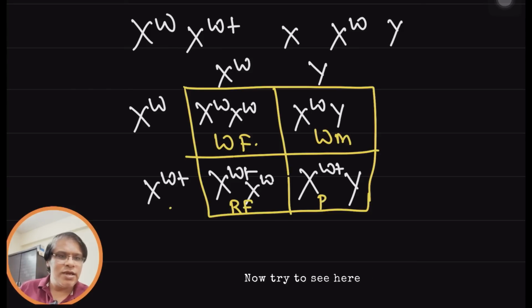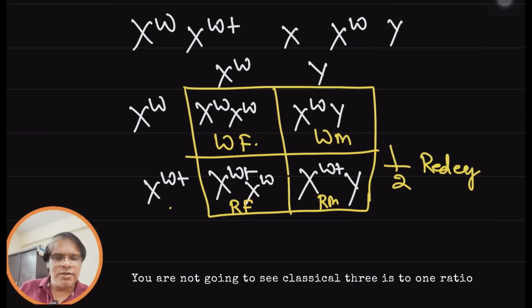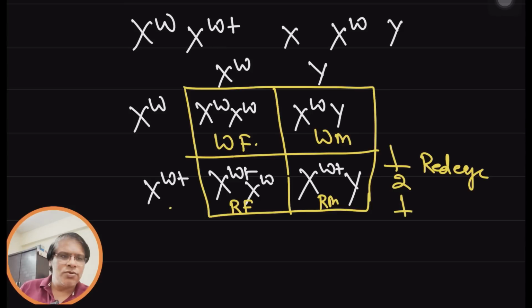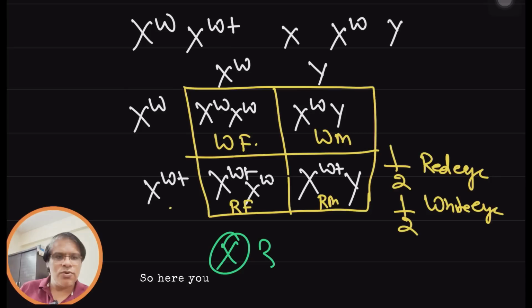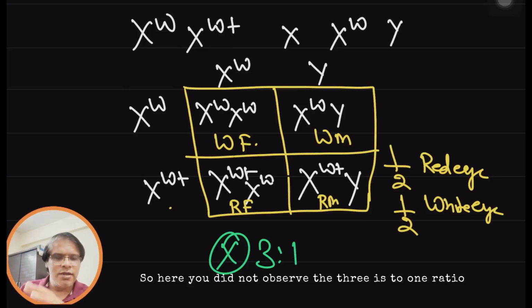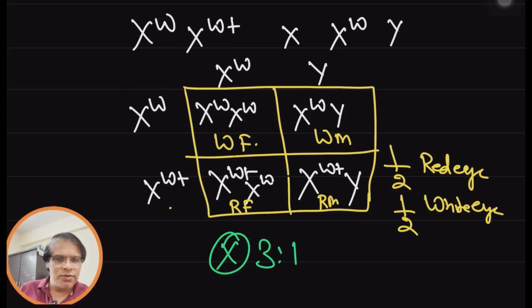Now you observe half white-eyed, half red-eyed, a 1:1 ratio. You are not going to see the classical 3:1 ratio. White versus red is 1:1, so you did not observe the 3:1 ratio.